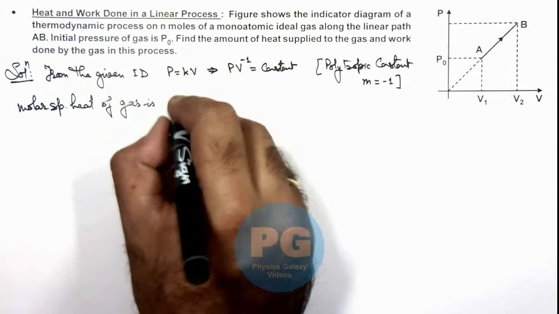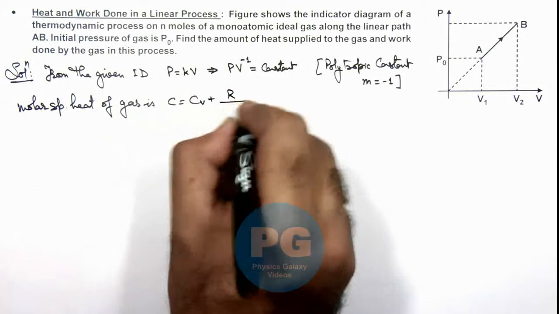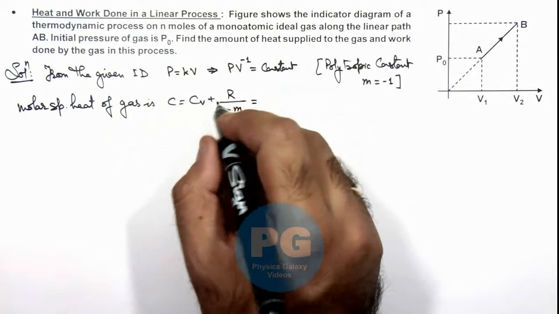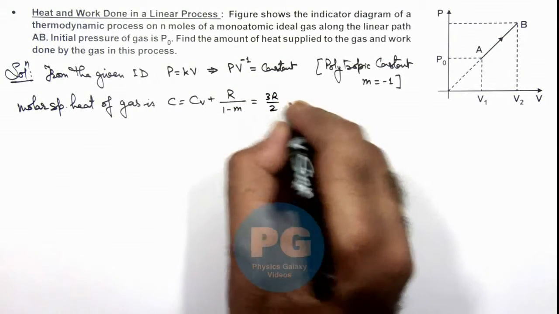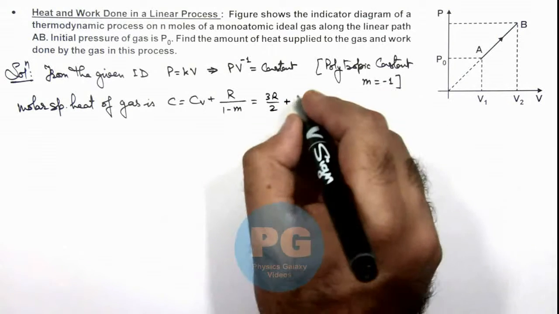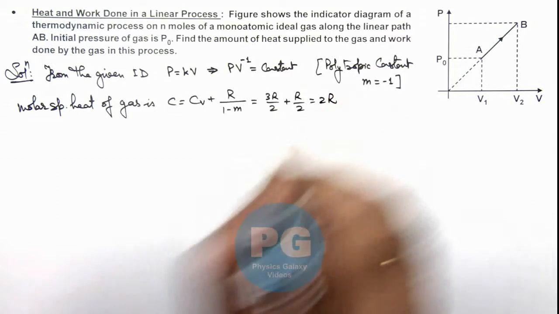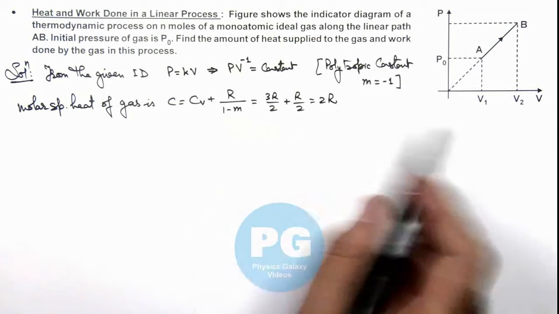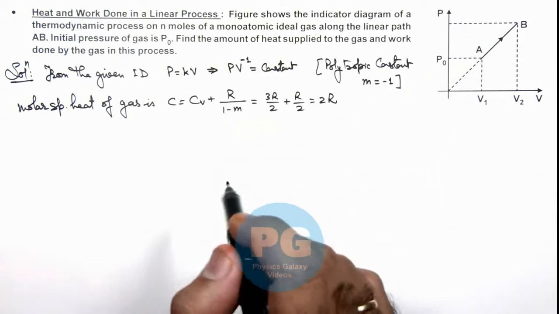We already studied in concept videos, which is C equals Cv plus R by 1 minus m. So here for a monoatomic ideal gas, Cv is 3R by 2 plus, if we put m as minus 1, this will be R by 2, that is equal to 2R. So if we have the value of molar specific heat, we'll find out the heat supplied if we know the initial and final temperatures.